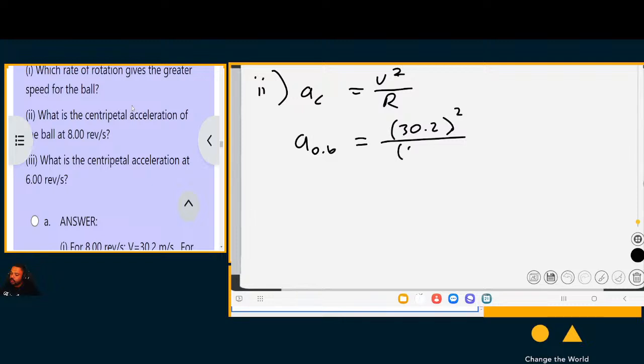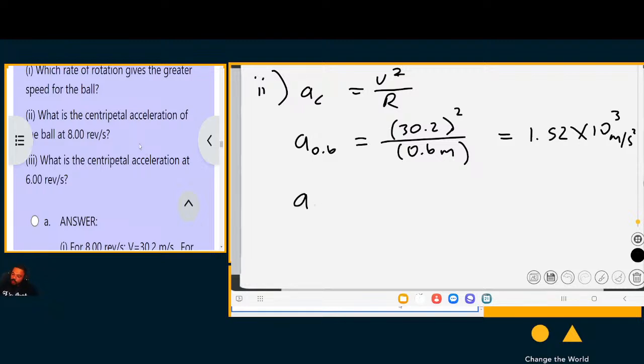The radius is 0.6 meters. That gives us an answer of 1.52 times 10 to the 3 meters per second squared. So this thing is moving very fast. It's 1520 meters per second squared accelerating.